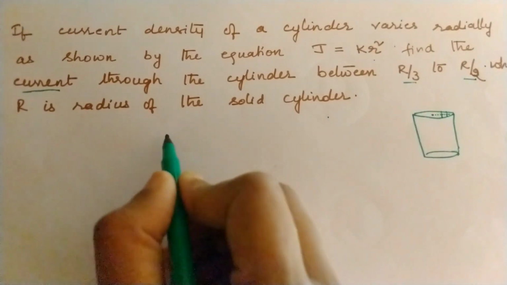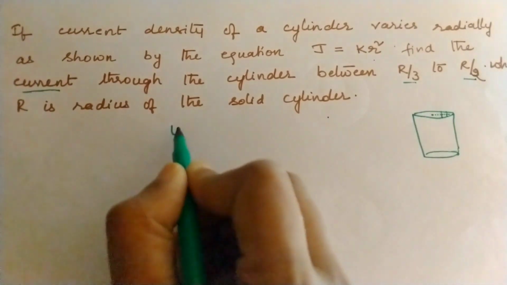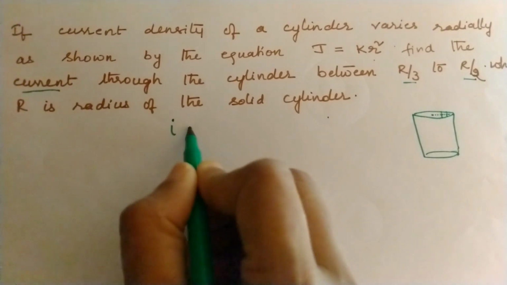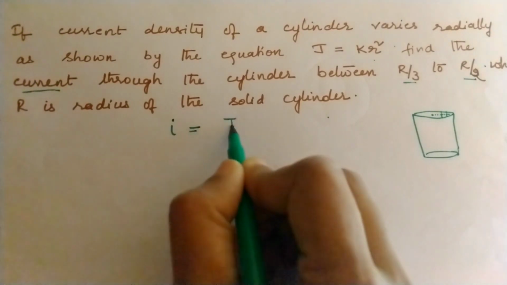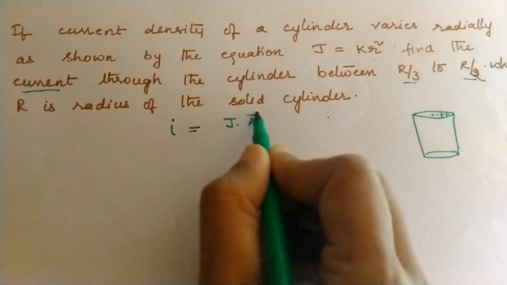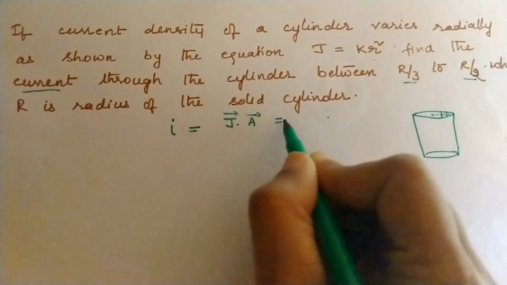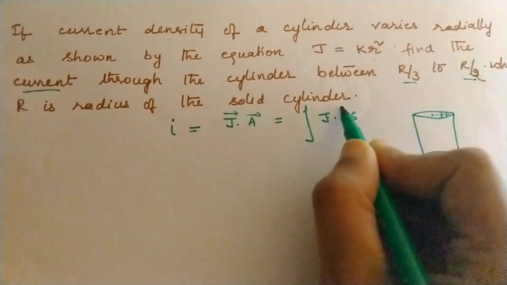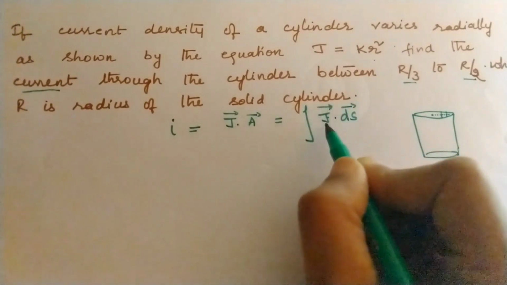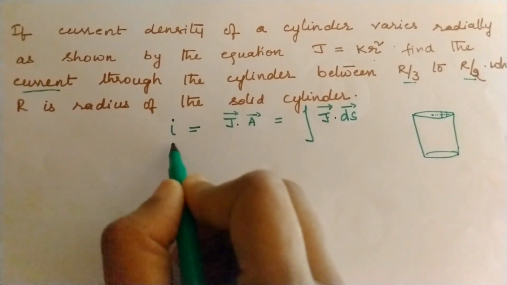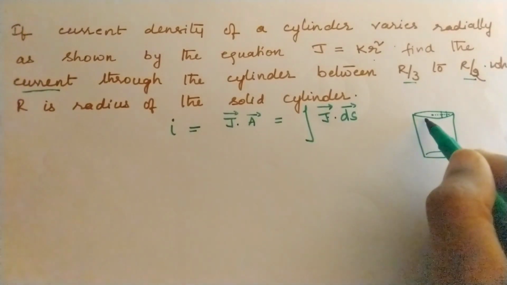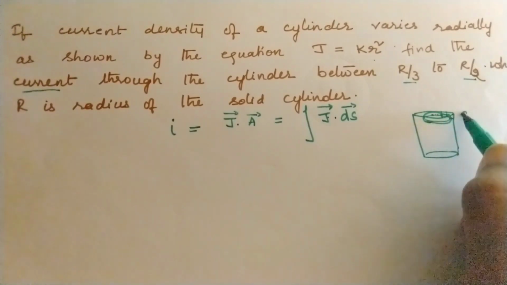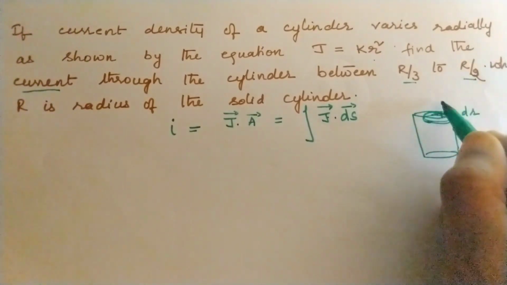We already know how current is related to current density. Current density J is equal to I by A, or I is equal to J dot A, or if the area is small, we write it as J dot ds. I'll make use of this relation to calculate the current. For that, consider one small cylindrical shell of thickness dr and radius small r.